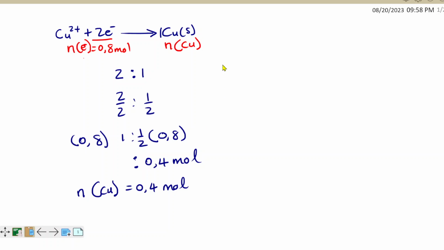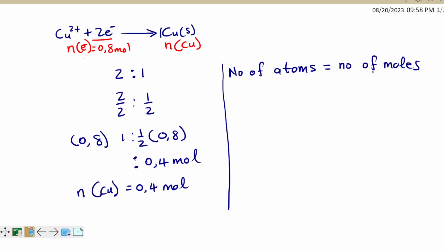Then if we want to find the number of atoms, the formula is the same as for the number of particles: it is equal to the number of moles of atoms multiplied by Avogadro's number. Okay, I need space here. Let me do it below here.